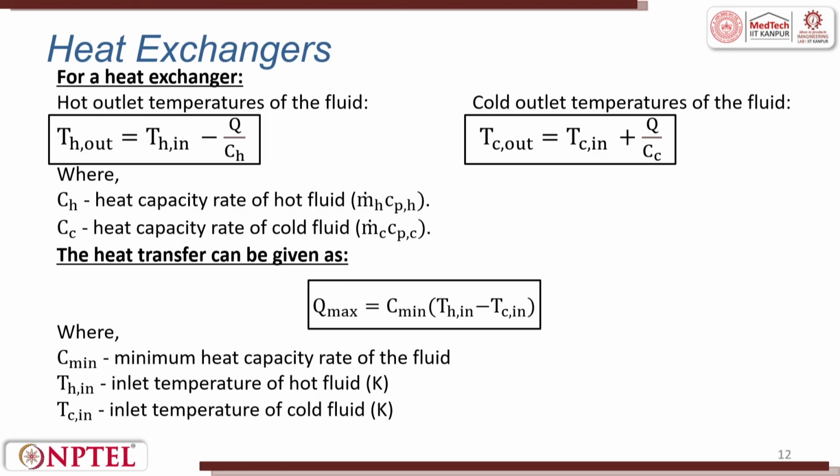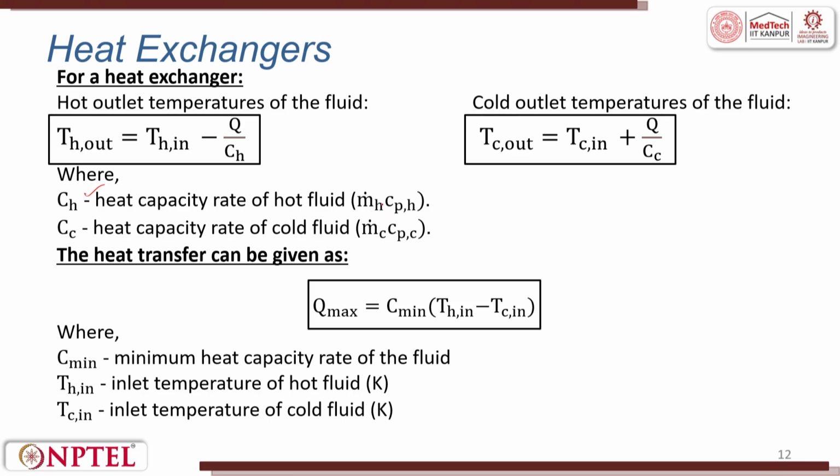For a heat exchanger, certain parameters are taken into account for the design. The hot fluid outlet temperature, T hot out, is equal to the hot inlet temperature minus Q by Ch, where Ch is the heat capacity rate of the hot fluid, which is m dot h into Cp h.